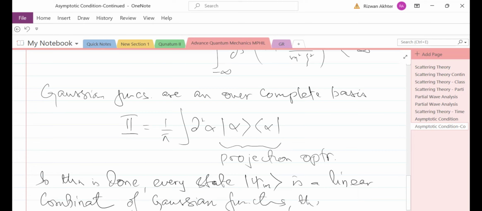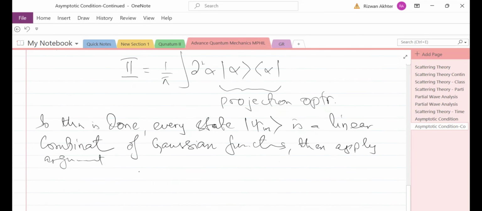Then one could apply the argument. What was the argument? That U dagger of t, U naught of t psi in has a limit. This was the argument.